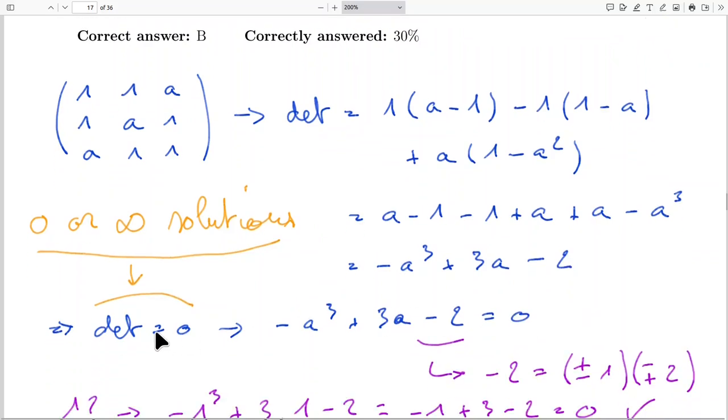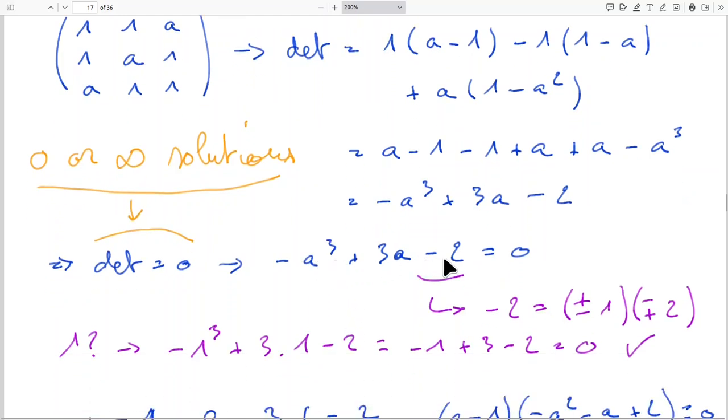So if this is 0, that means we have either 0 or infinitely many solutions. So does this have zeros? Well, we can test, and usually we do that by guessing a bit.